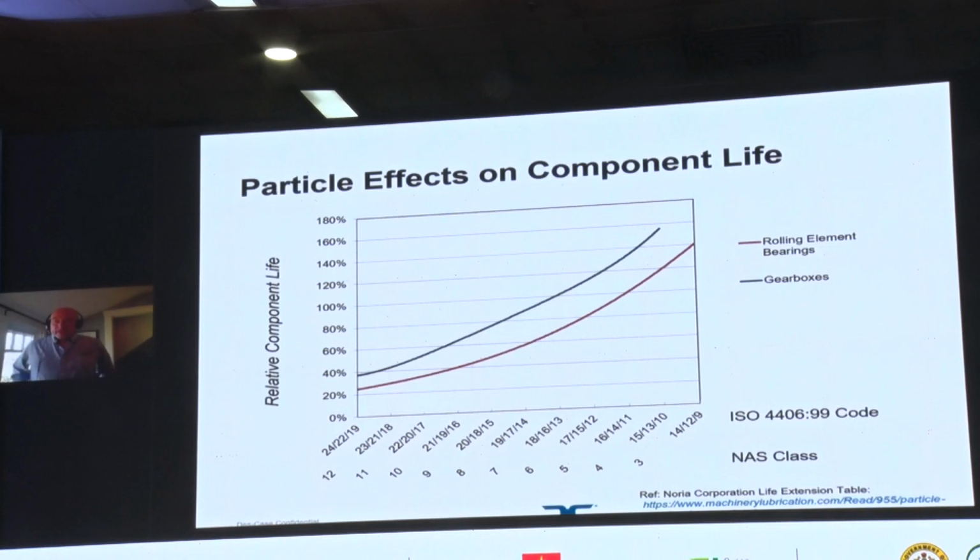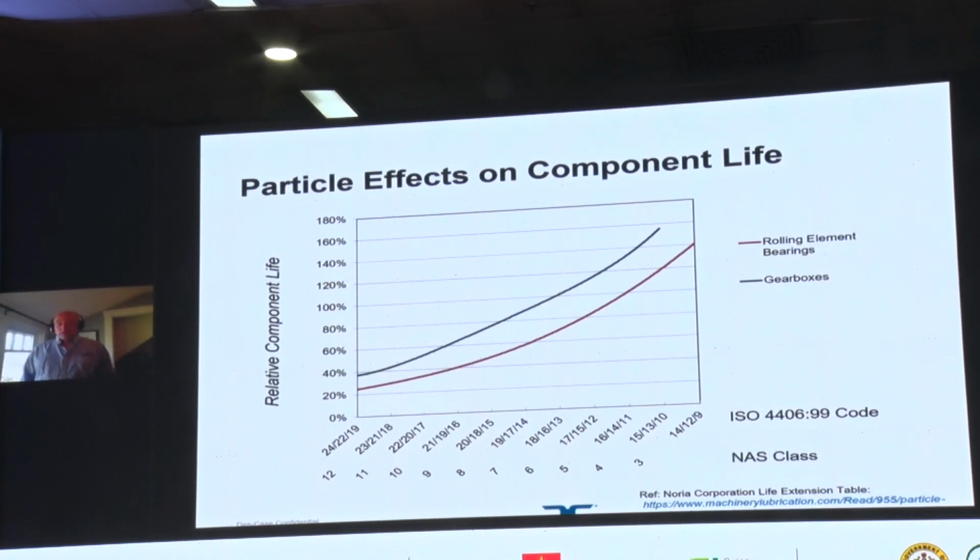Let's think about the effect that has. So the way that we measure particles in oil is to use either the ISO 4406 contamination control standard. Some people also use the NAS 1638 standard. But either way, these are scales of measurements to identify how clean or dirty the oil is.